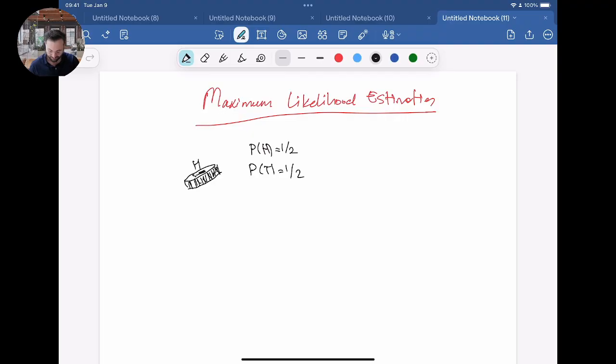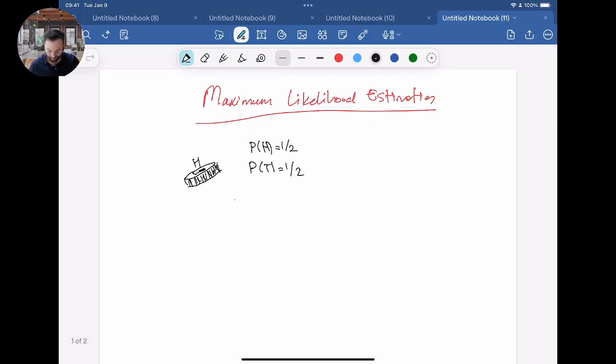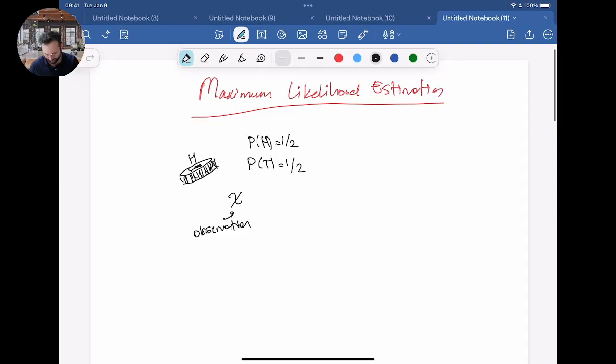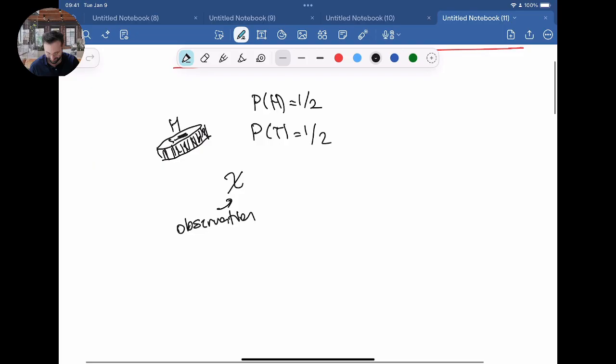Given this fair coin assumption, we were able to calculate the probability of some observation. I'm going to use this capital X and call it the observation. Another name for this in data science is data or datasets, right?